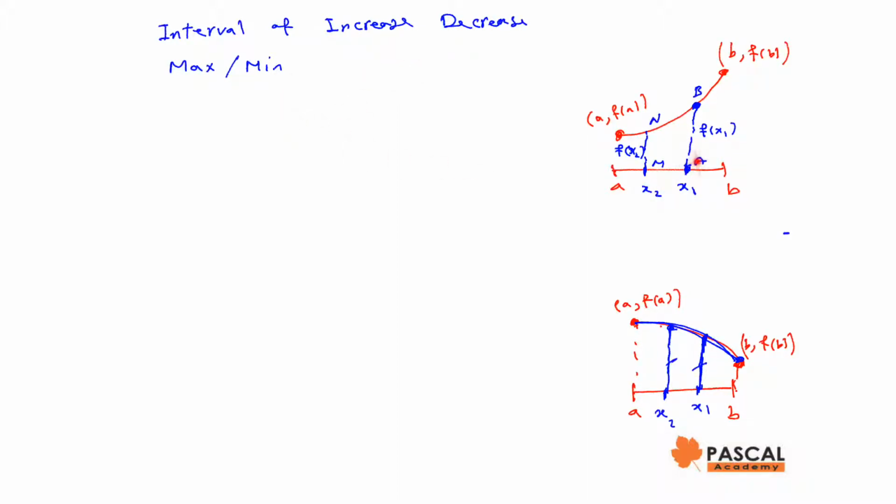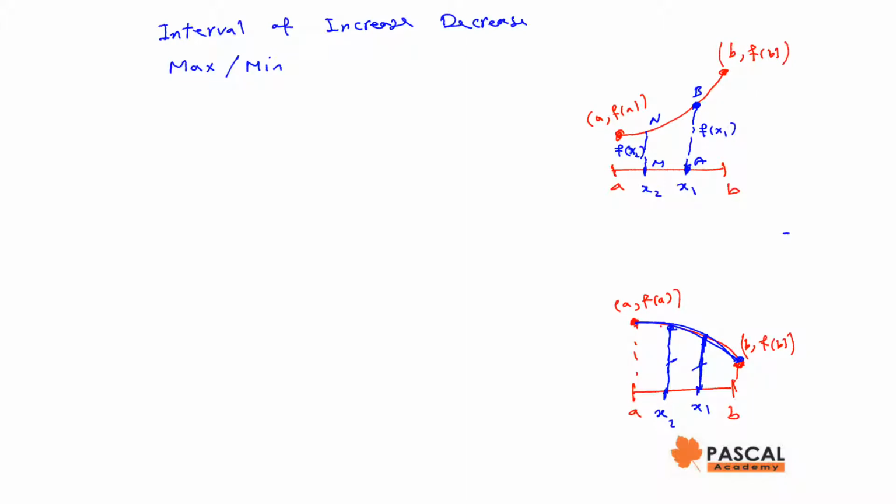We know, if x1 and x2 are two arbitrary numbers in the given interval a and b, if f of x1 is greater than f of x2 whenever x1 is greater than x2, the function is increasing in that interval.